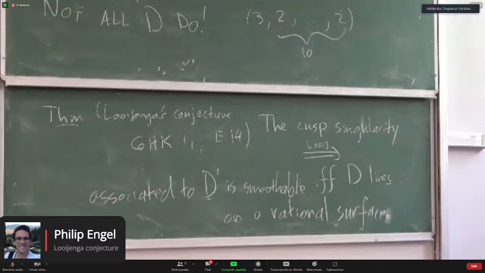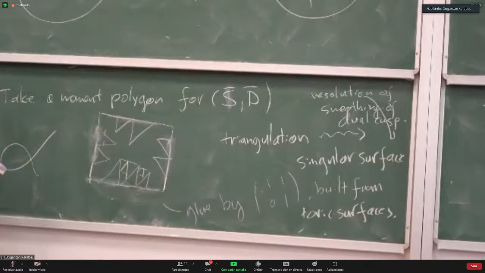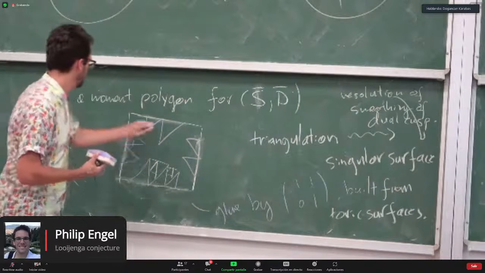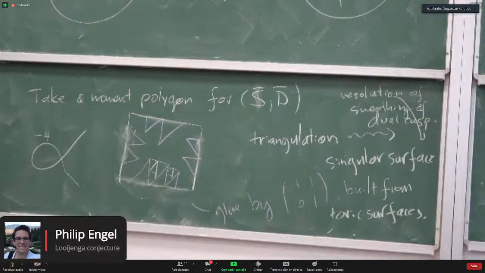And then the point is that when you triangulate this thing into a bunch of lattice triangles of area 1/2, this ends up as the dual complex of the central fiber of a smoothing of the dual cusp singularity. So the dual of this 3, 2, 2, 2 was this nodal guy with self-intersection -4.